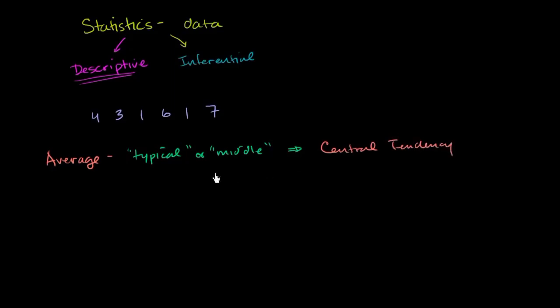So once again, you have a bunch of numbers, and you're trying to represent them with one number. We'll call it the average, that's somehow typical or middle or the center of these numbers. As we'll see, there are many types of averages. The first is the one you're probably most familiar with. It's the one people talk about when they say, the average on this exam or the average height. And that's the arithmetic mean.